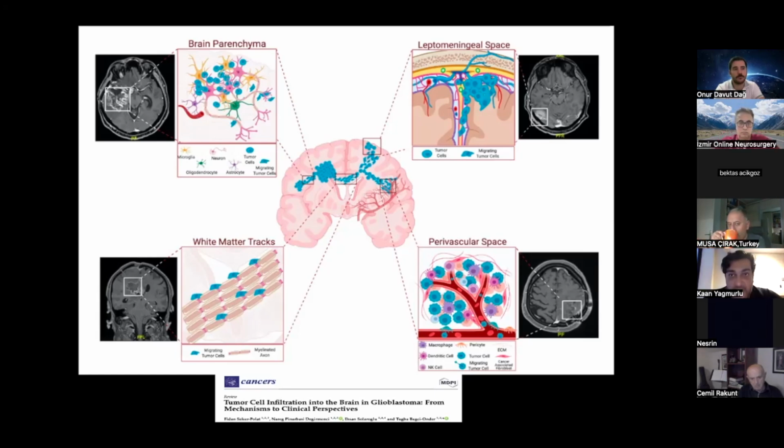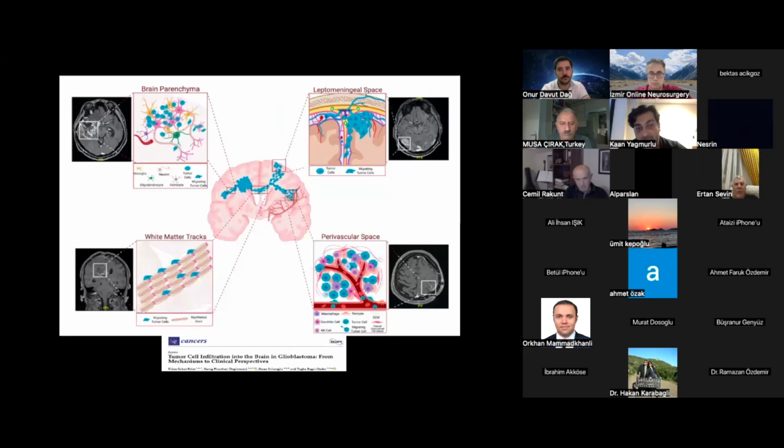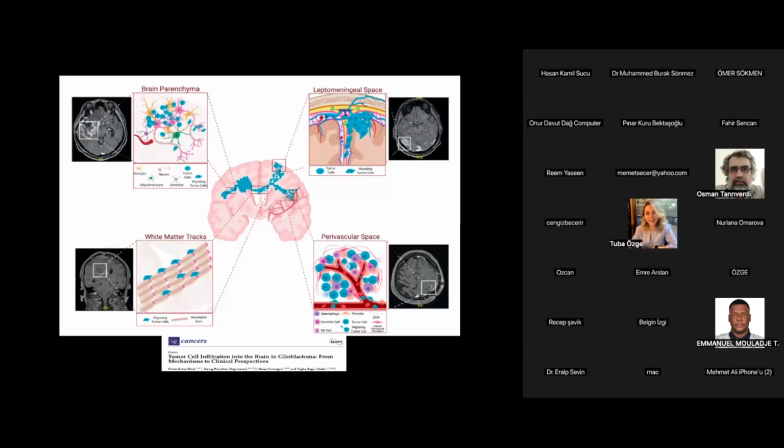But what we see is that GBM cells using the white matter are usually more elongated, because they're trying to fit inside the white matter. So we can say GBM, especially, travels through the white matter tracts.